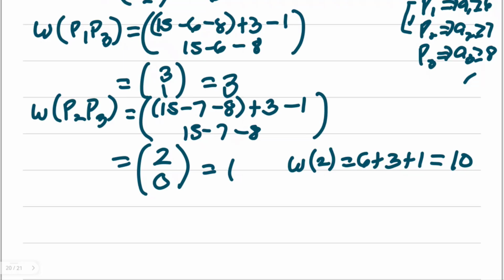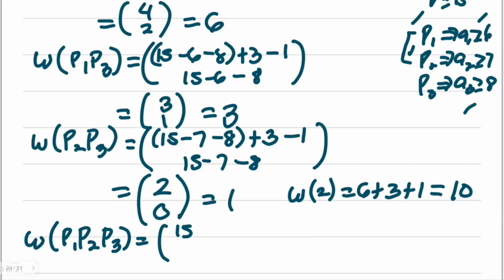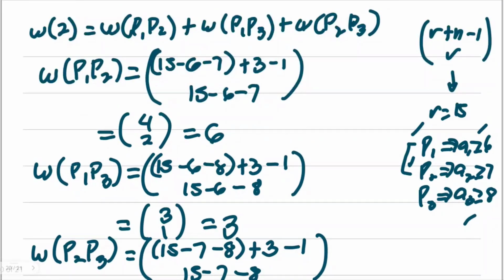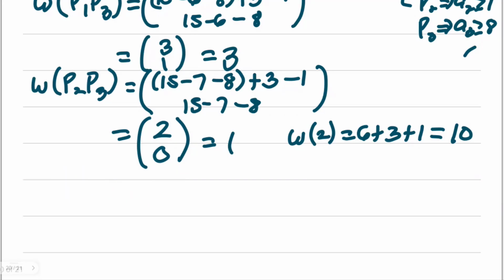Now, let's have the last one, because we have here the combination for 3 properties. So your r is still 15. Let me write here the first notation. Omega of 3 is again the omega of p sub 1, p sub 2, p sub 3.